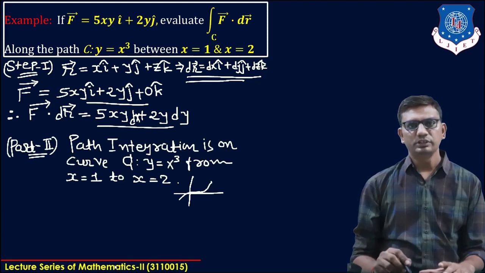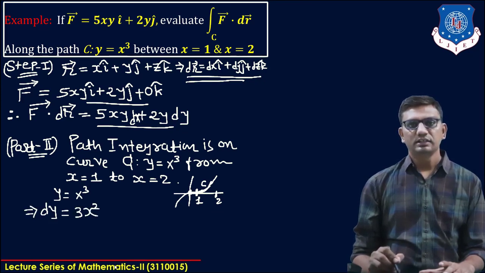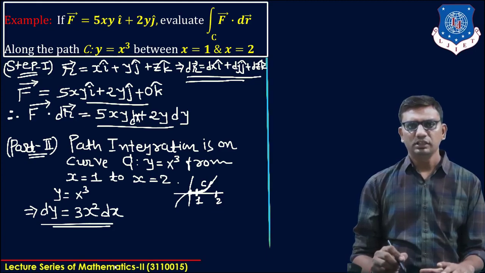Now part 2 is the path of integration on the curve y equal to x cube from point 1 to 2. So this is our path C, y equal to x cube. That implies dy equals 3x square dx. Now we will convert our integration into only one variable using the curve y equal to x cube.